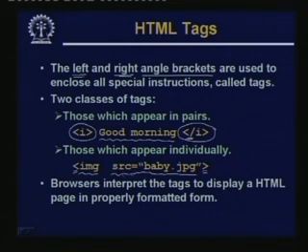Like here, this example tells you that you want to include an image whose file name is baby.jpg. So here src is an attribute which specifies the file name for this image. For this you do not need an end tag which will contain /img.